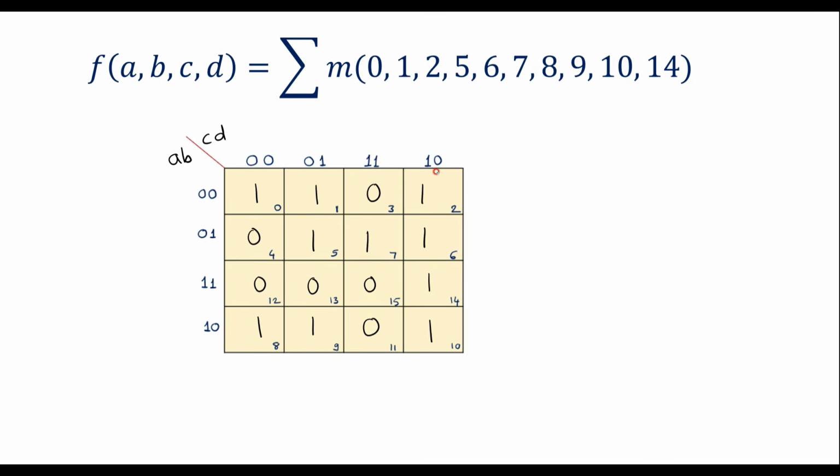So here we can get one quad. The value of this will be C D bar. Now I can make this group and this group as quads. Here the common factor between these two columns is C bar, and the common factor between this row and this row is B bar.